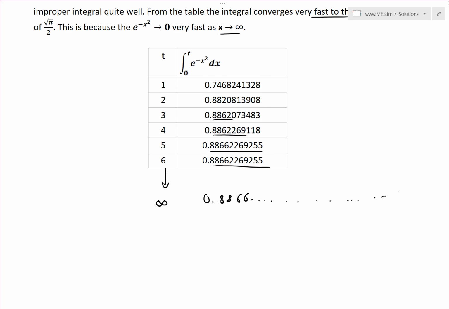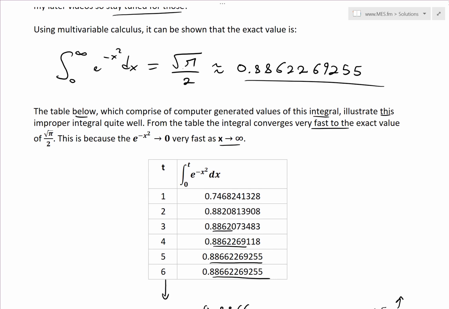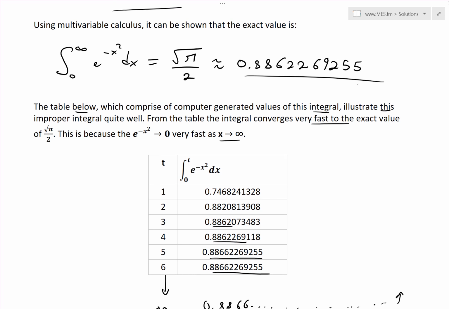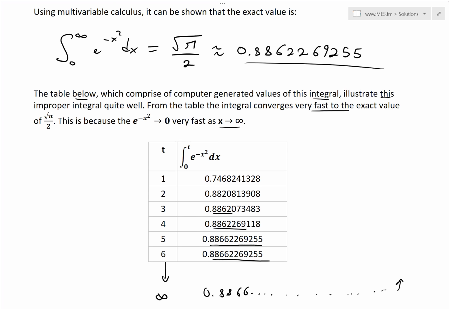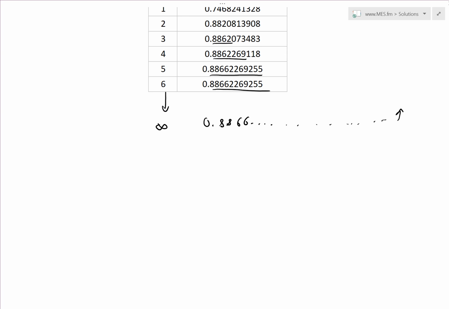So you're increasing the decimal place all the way further down, but you're not actually changing the value. All it is doing is getting closer and closer to this square root pi over 2 value, which is infinite as well, infinitely long in terms of decimal places that keep going on and on. So that's pretty much why it converges, even though the region is infinite.